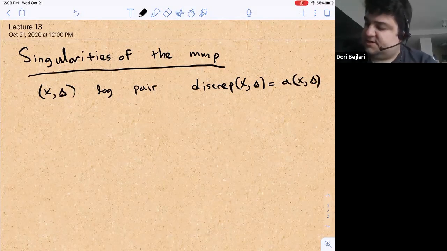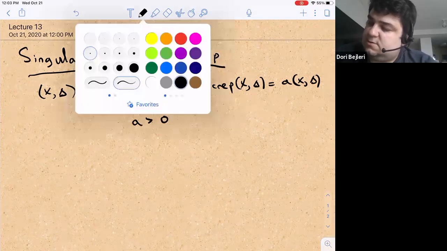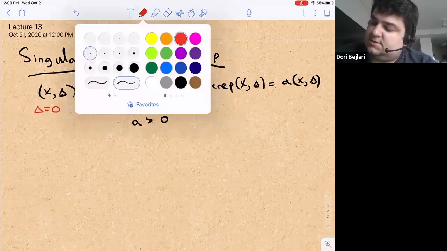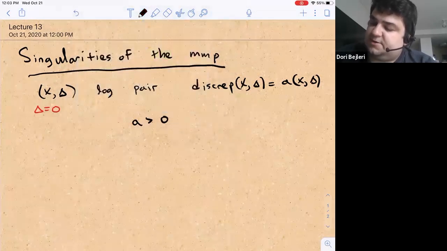So we have these various discrepancy conditions, like a was greater than 0. Let me recap them in the case that Δ is 0 first. So when a was bigger than 0, we said this is terminal.